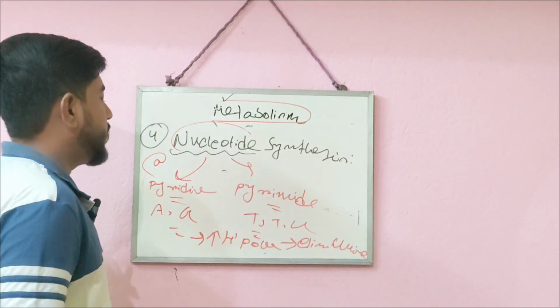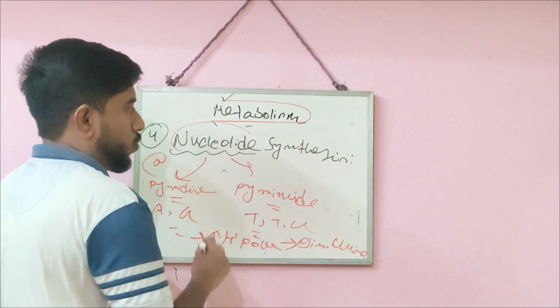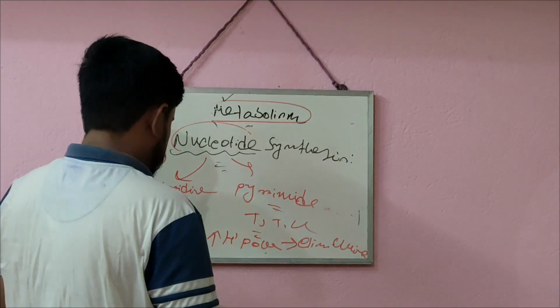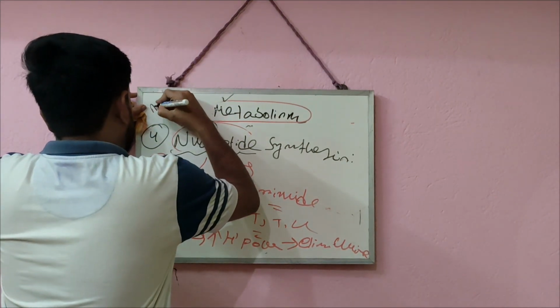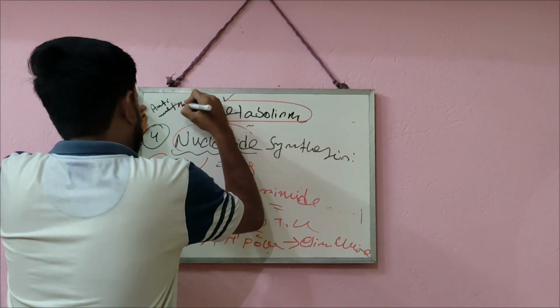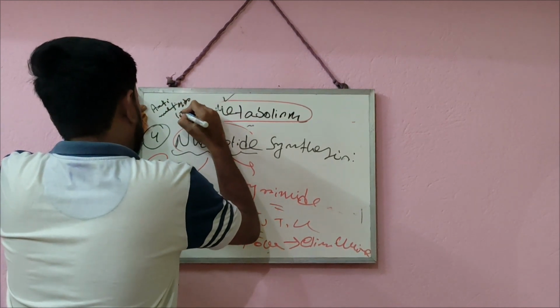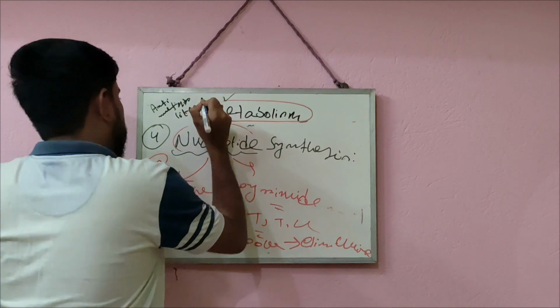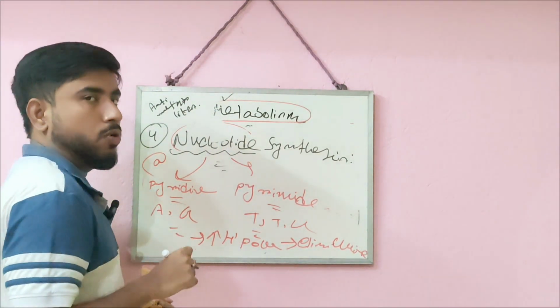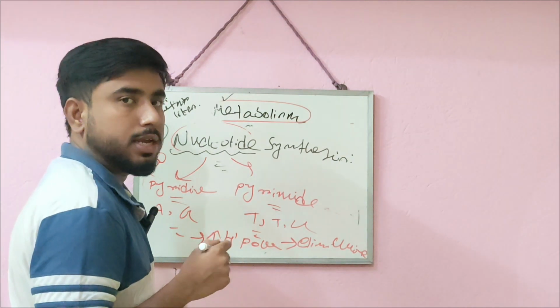The examples of drugs which are generally metabolized by the nucleotide synthesis process are antimetabolites. What are antimetabolites? I will discuss that later when we discuss different drugs and classifications. Just remember, we will study anti-cancer drugs.